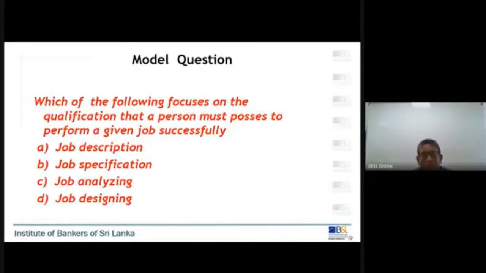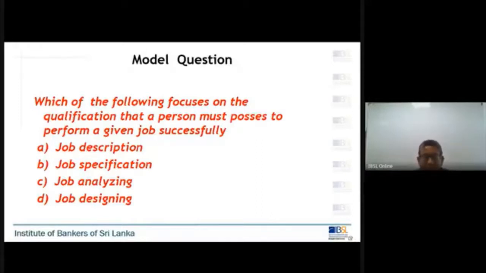Before we start today, I have a model question for you. What we have learned up to now, I hope you have been actively involved with me, giving answers like on previous occasions. Now I have developed a model question. Last time we discussed job description and job specification, which are components of job analysis.